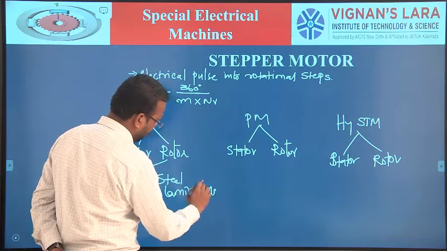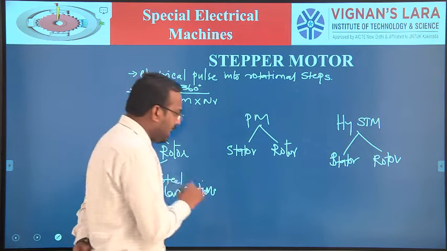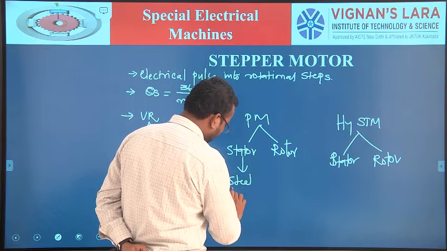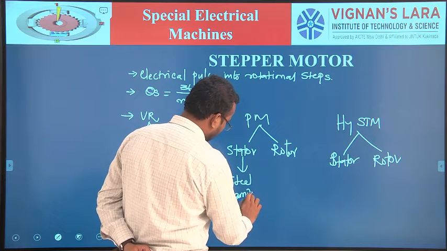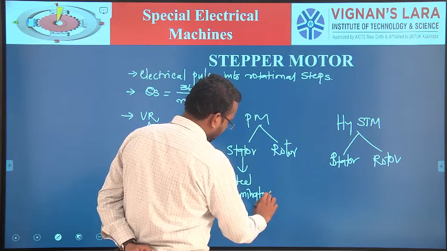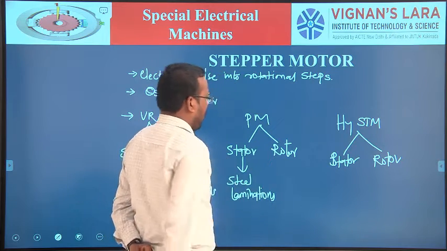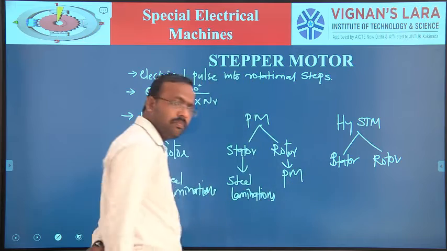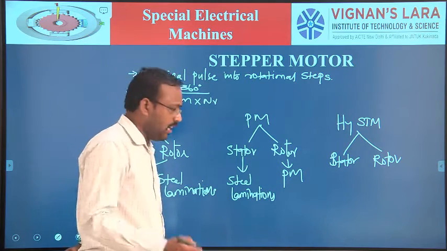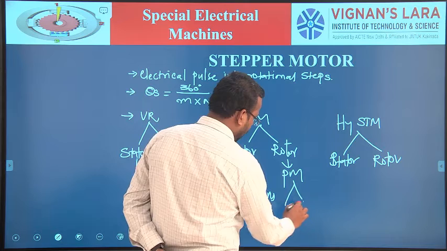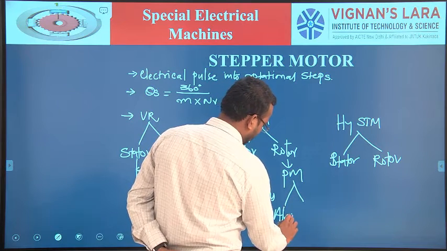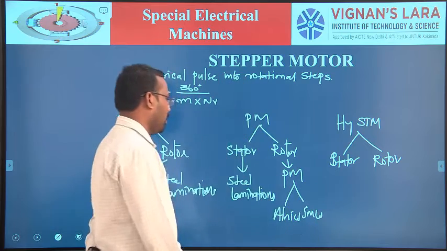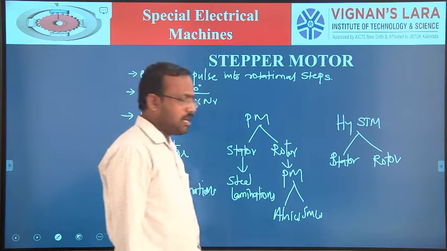In the permanent magnet stepper motor, the stator is made up of steel lamination, but the rotor is made up of permanent magnet materials. We have studied different types of permanent magnet materials, Alnico, SmCo, like that.